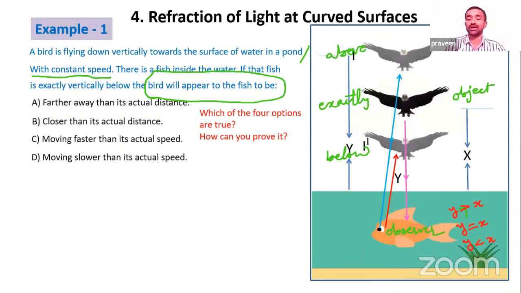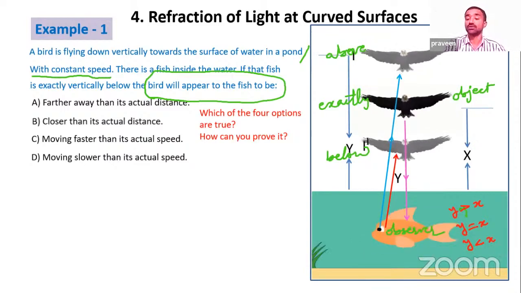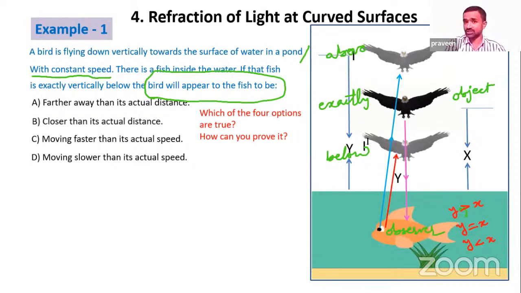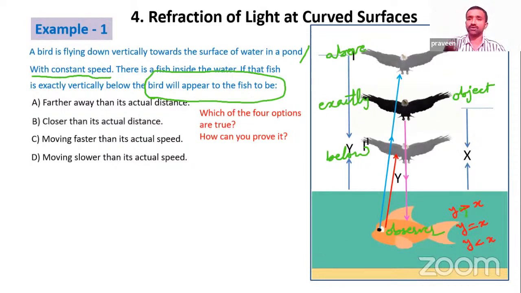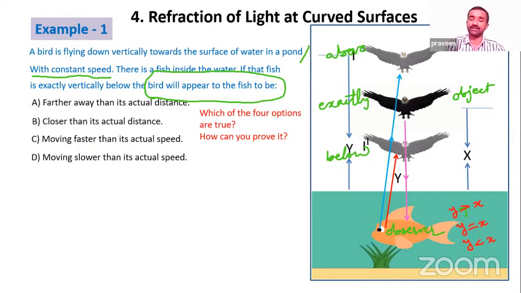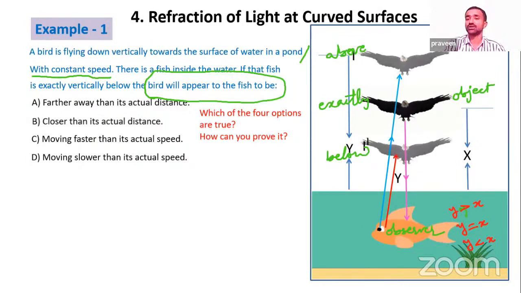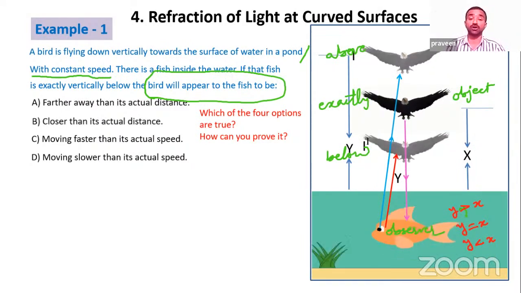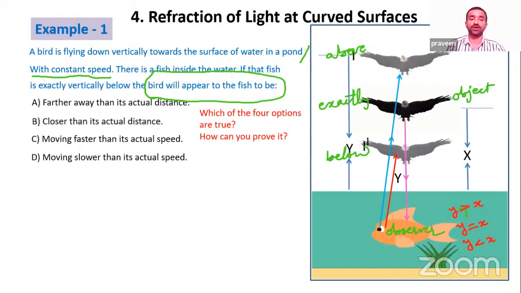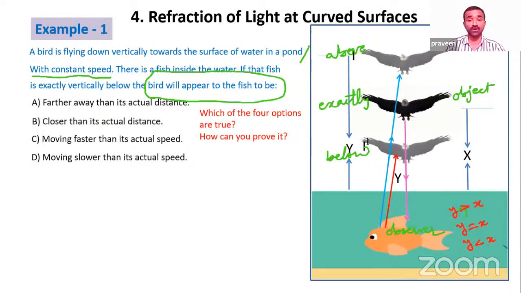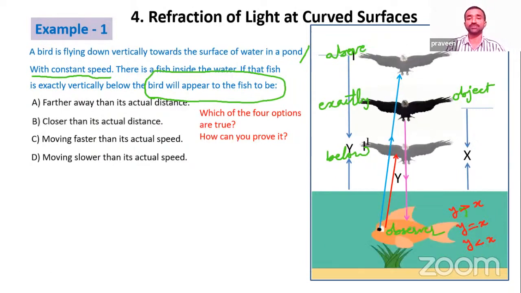The image is I or I dash. If it is I, we get y greater than x. If it is I dash, we get y less than x. So let us go for the solution. Let us write down the plane surface formula. What is the plane surface formula for us? Here it is.